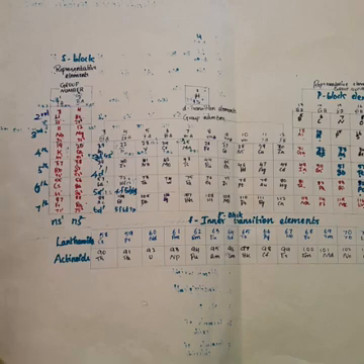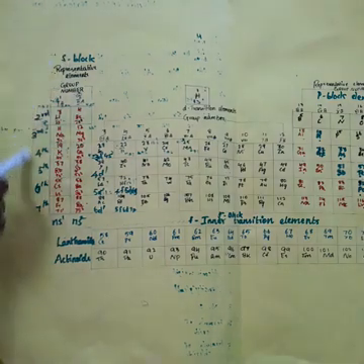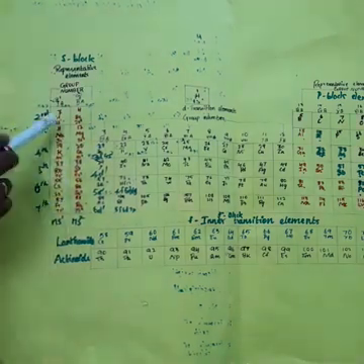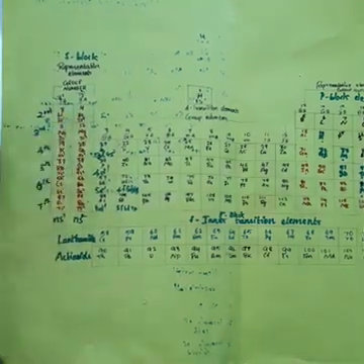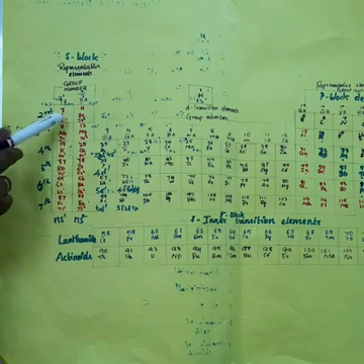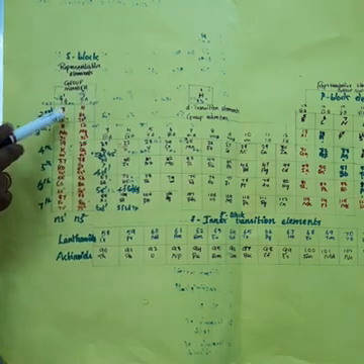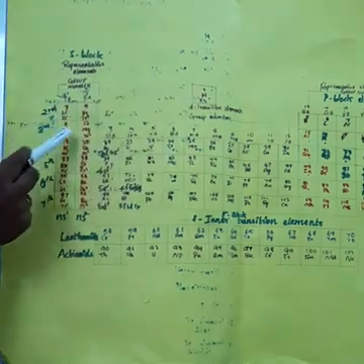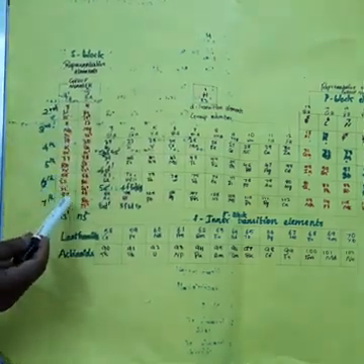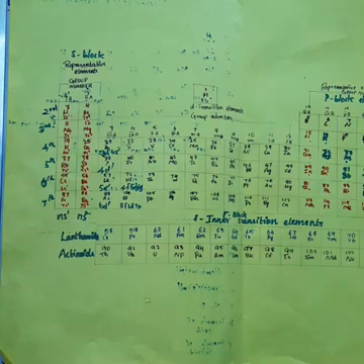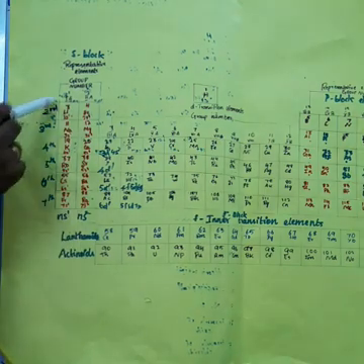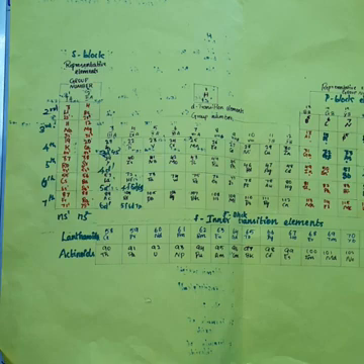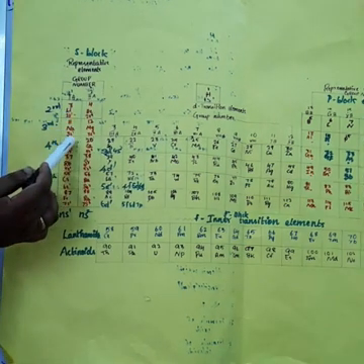Okay, for example, let's see the S block elements. First and second group elements are called the S block elements. In the first group, which elements are present? Hydrogen, lithium, sodium, potassium, rubidium, cesium, francium. All these elements have the same number of outer shell electrons.